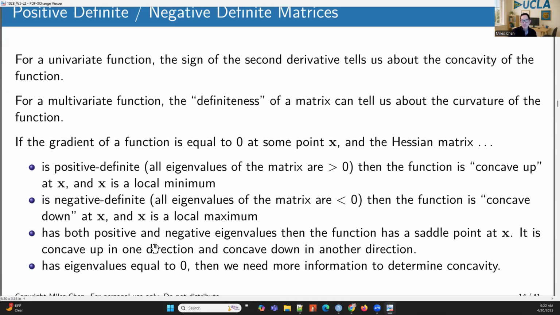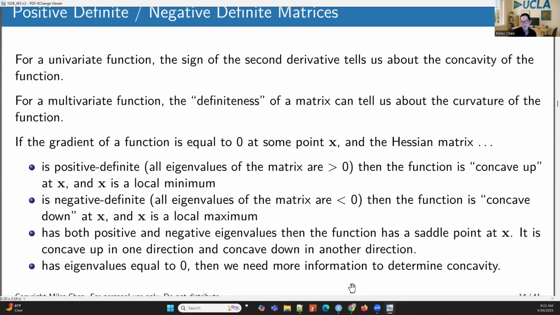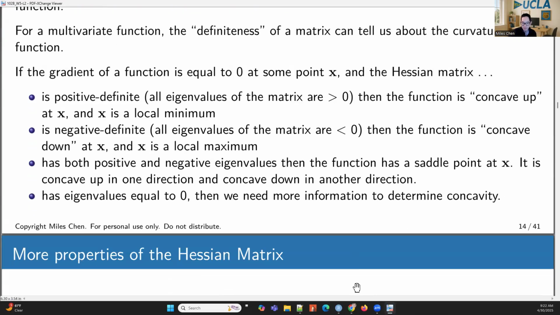But so it's concave up in one direction, concave down in another direction. And then if you do have eigenvalues that are equal to 0, so you have a positive semi-definite or negative semi-definite matrix, then that means we would need some more information to determine concavity.